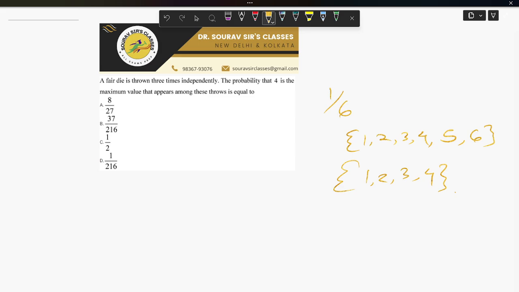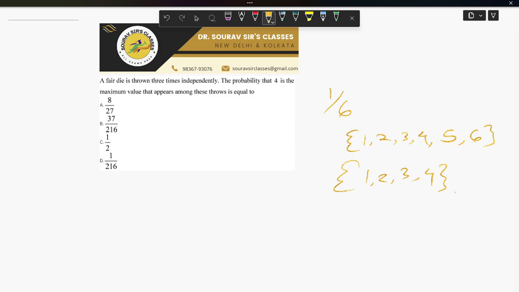So now we are going to calculate the probability using complementary events. It's easier to compute the probability of this event by considering the total outcomes where the maximum is at most 4 as a superset of the outcomes where the maximum is 4, and then adjust accordingly.